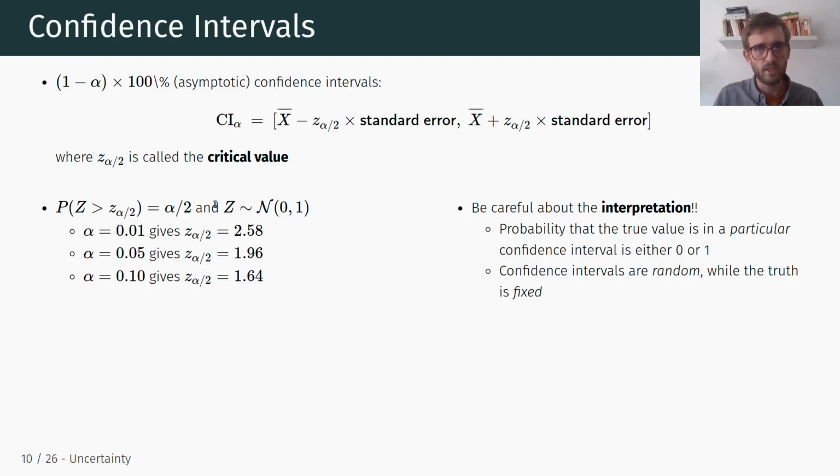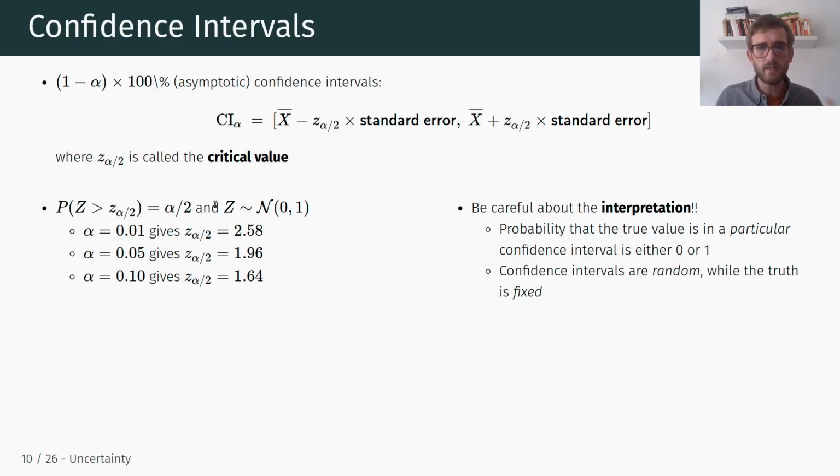This interpretation of confidence intervals is very much in the frequentist interpretation of probability. One specific confidence interval of one individual sample either includes the true value or it doesn't. When we talk about this 95% confidence, we're talking about it over repeated samples, okay?